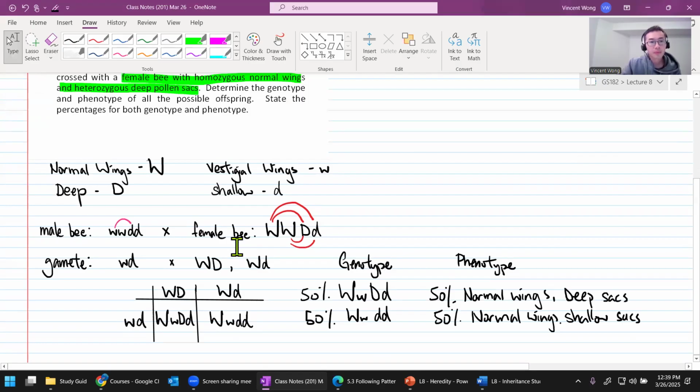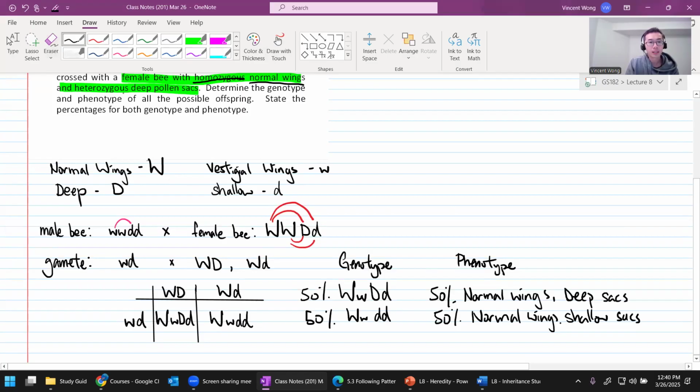So the female here, someone asked why it is capital W and capital D, because the female is homozygous normal wings. Homozygous means the same letter, and normal in this case is capital W. Right? That's why it is two capital W's.